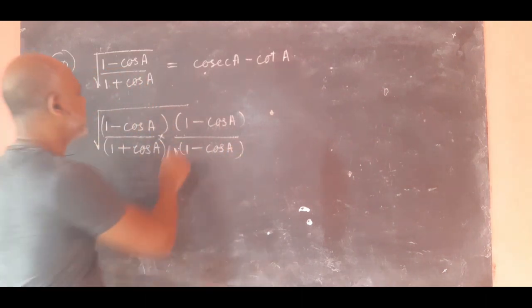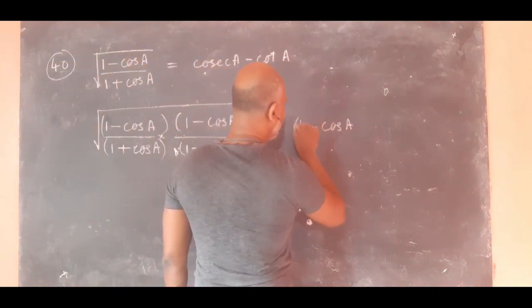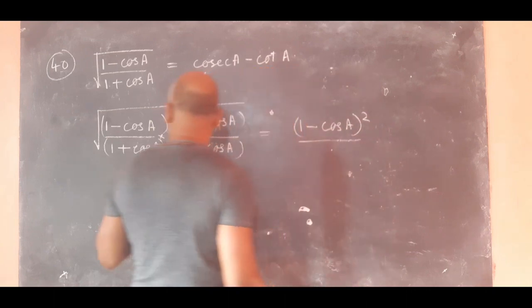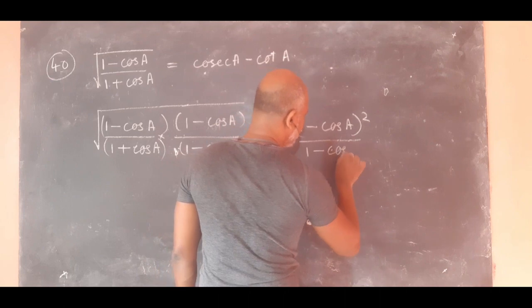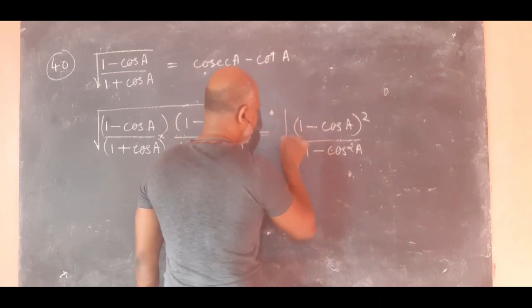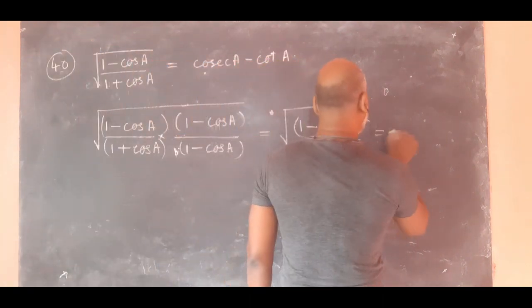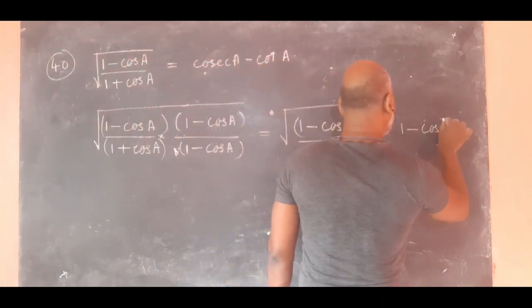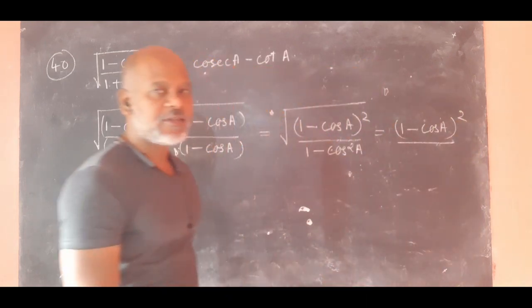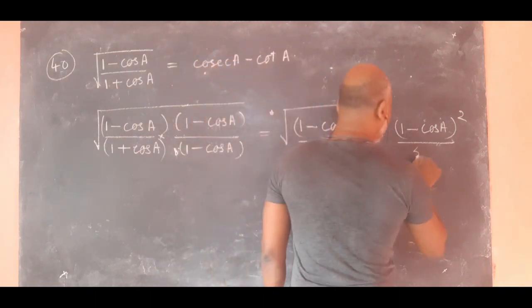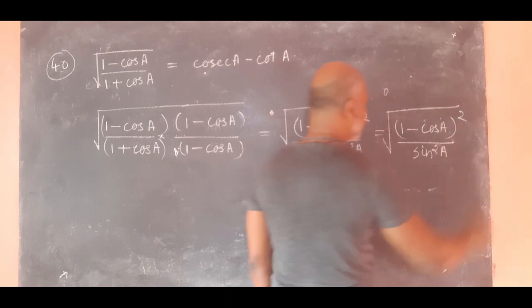So now we have 1 minus cos A whole square divided by 1 plus cos A into 1 minus cos A, that is 1 minus cos square A, and root. So that is 1 minus cos A whole square divided by 1 minus cos square A, which is sin square A, under the root.